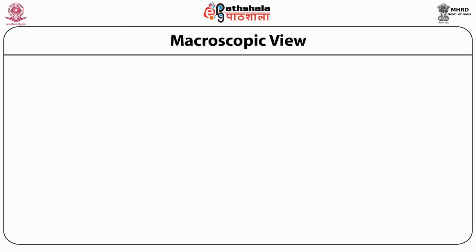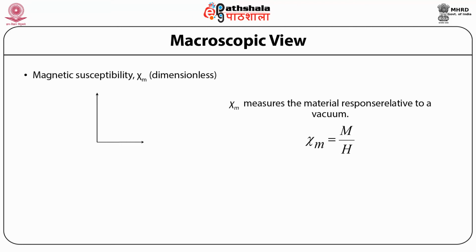Classification of magnetism. Magnetic materials can be classified based on the values of magnetic susceptibility. Materials with negative susceptibility are diamagnetic, that is, eta m is less than 0. Most diamagnetic materials show very small negative susceptibility except superconductors in the superconducting state, where eta m is equal to minus 1, which is very useful for applications such as magnetic levitation.